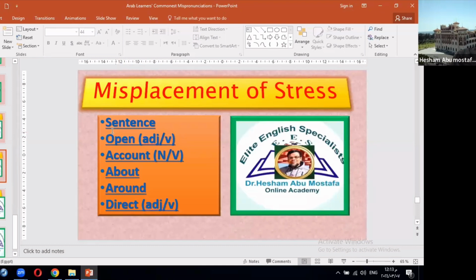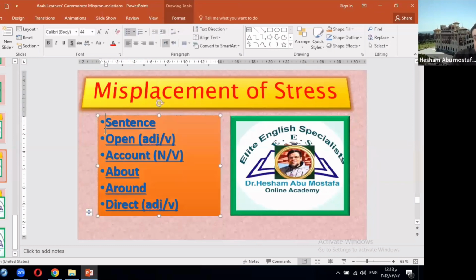For example here, some students would say sentence. This is misplacement of the stress. They put the stress on the second syllable rather than the first syllable. Okay, sentence, no, sentence, open, not open. Whether it's an adjective or a verb, it had the same pronunciation.